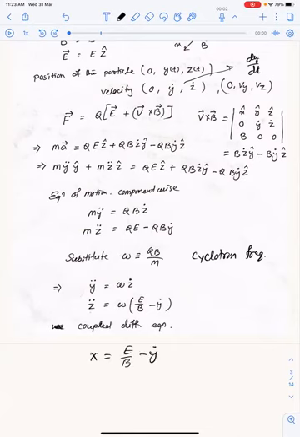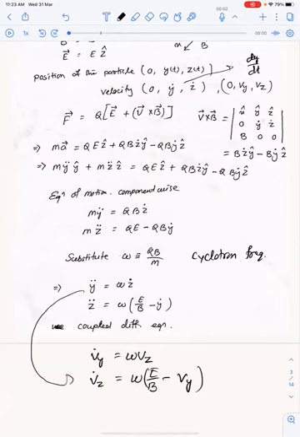First, let me write this in terms of Vy, so it will be easier. y double dot is nothing but Vy dot, equal to omega Vz, since z dot is nothing but Vz. z double dot is nothing but Vz dot, equal to omega times (E by B minus Vy), where Vy is your y dot.